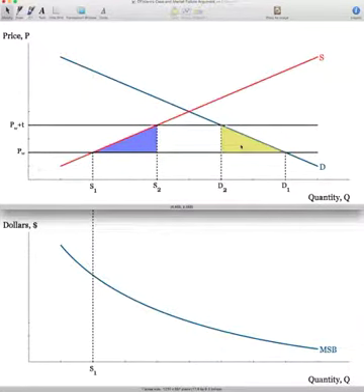So this area right here, this triangle that is bounded by D2 and D1 in the demand curve, is the consumption distortion. This is consumption that is not taking place after the imposition of the tariff.